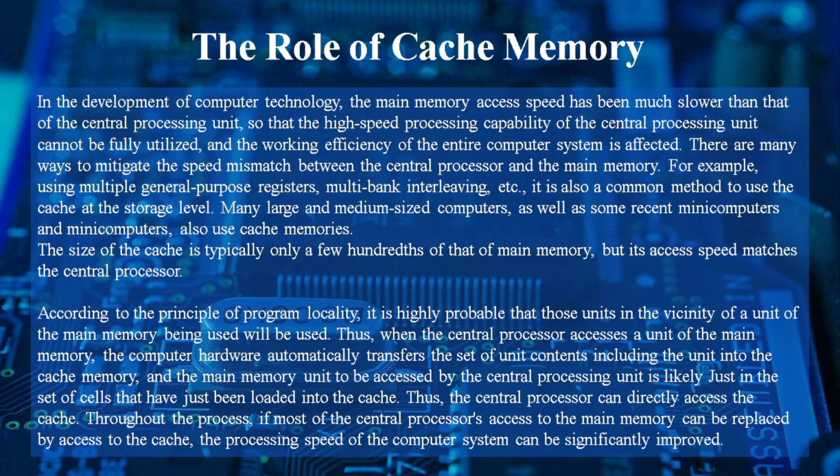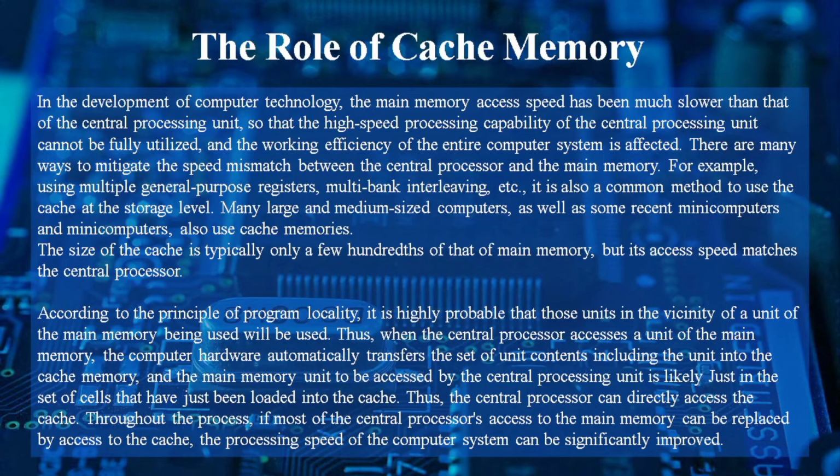So, according to the principle of program locality, it is highly probable that those units in the vicinity of a unit of the main memory being used will be used. Thus, when the central processor accesses a unit of the main memory, the computer hardware automatically transfers the set of unit contents, including the unit, into the cache memory.